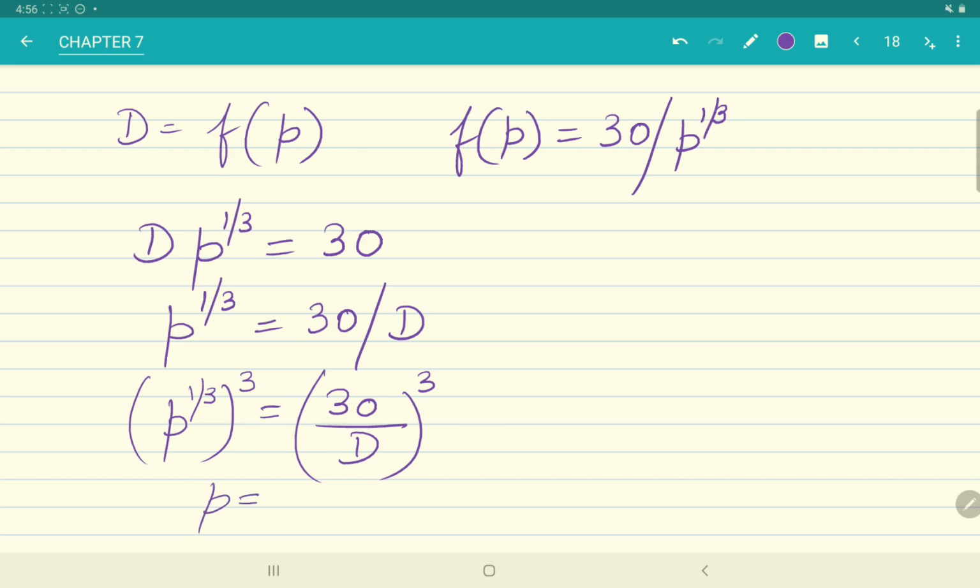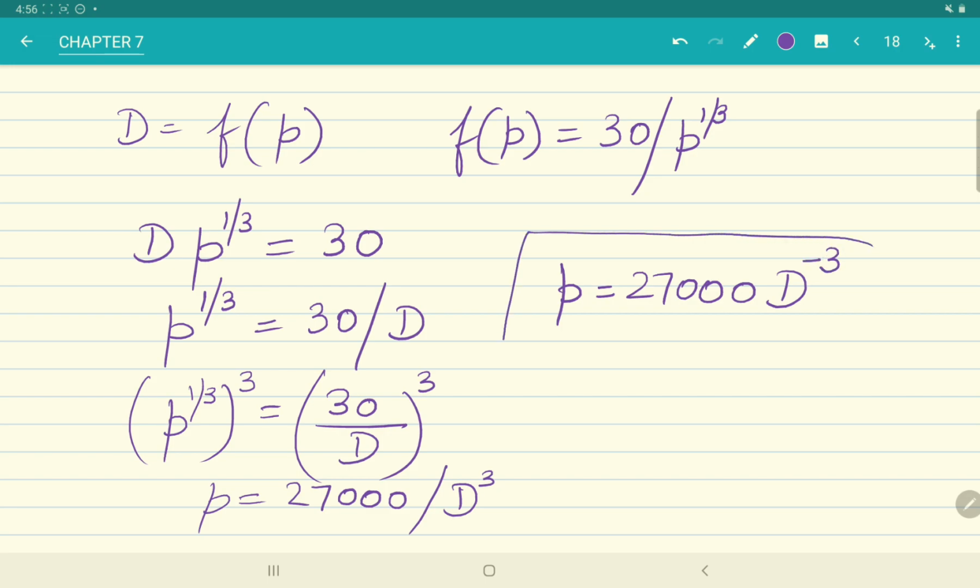That means P is equal to 27,000 divided by D cubed. Or in other words, I can write P equal to 27,000 multiplied by D raised to the power minus 3.